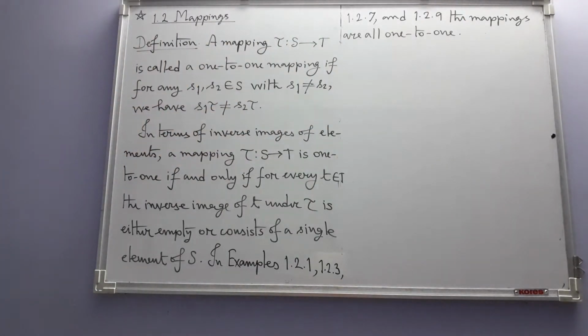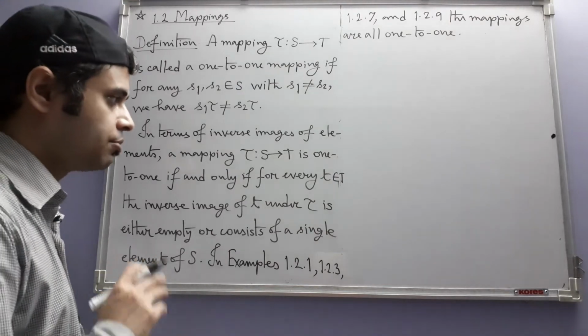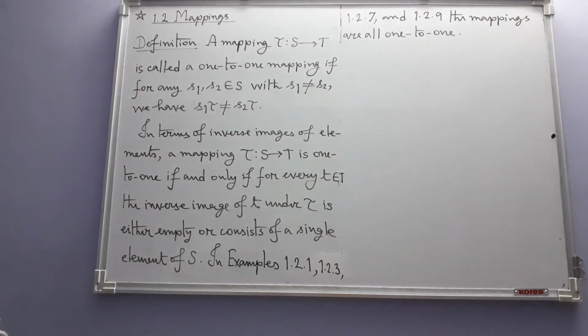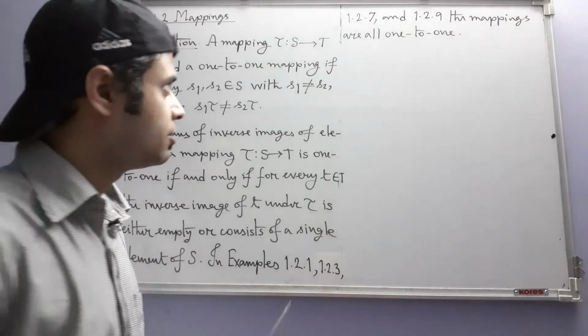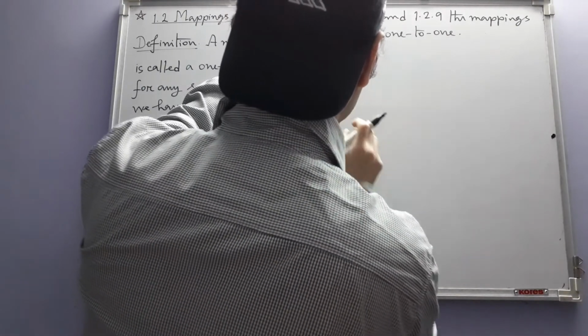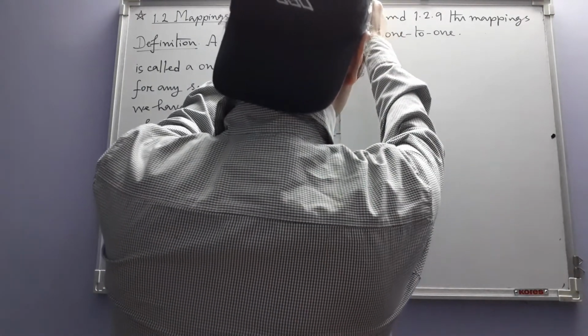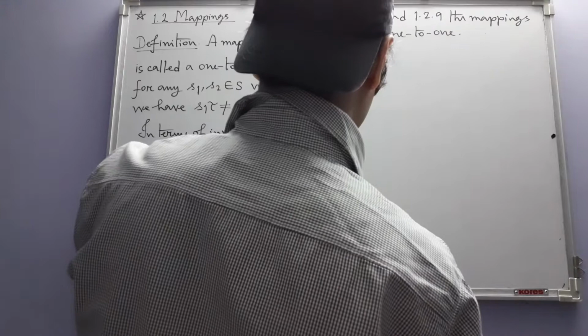Okay, this you can verify. You can go to those mappings and see that they are 1 to 1. Next, the perpendicular bisector has vanished. Let me just redraw it.